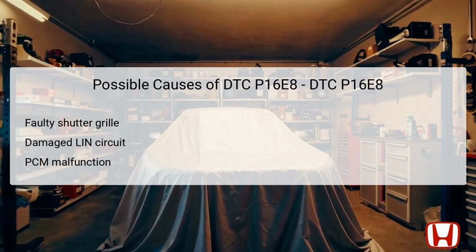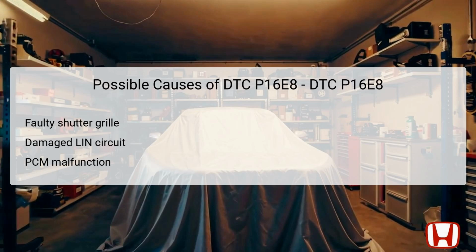Several potential causes can lead to the occurrence of DTC P16E8. First, the shutter grille itself may be defective, hindering its ability to transmit necessary signals via the LIN. Second, there might be damage in the LIN communication pathway, which can include broken wires or loose connections that disrupt the signal flow.